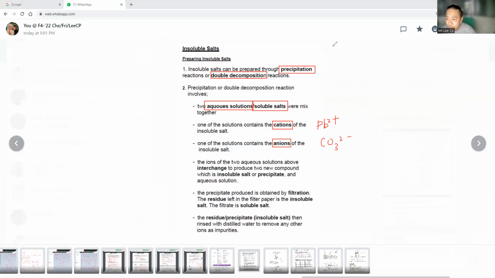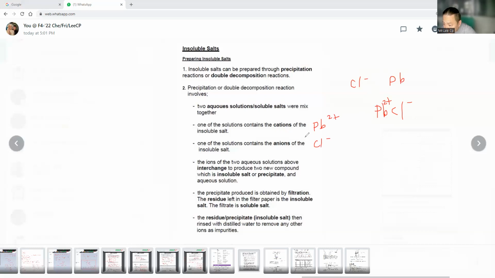Let's say we know that all Cl are soluble, except Pb. So we know that PbCl2 is not soluble. Pb2 plus with Cl minus is not soluble. So your cation will be Pb, and this one will be Cl, right?